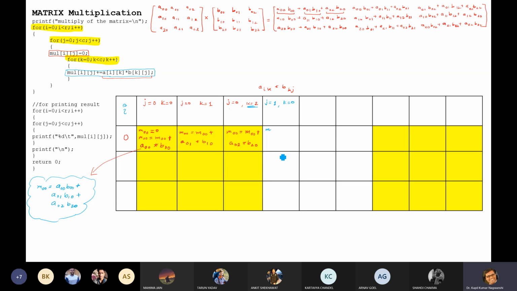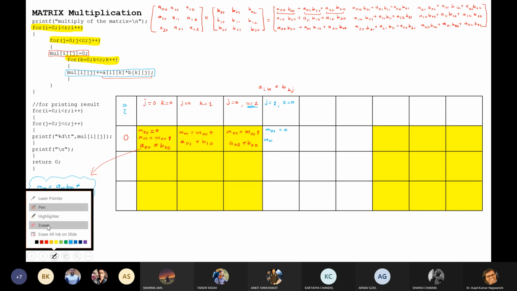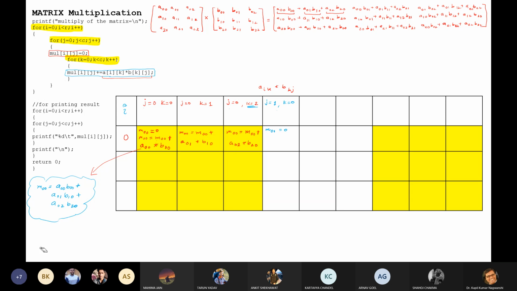So what is this? I is 0 and J is 1. So M01 is equal to 0. Now the new value of M01 will be, and I am writing only one term here and then put plus.